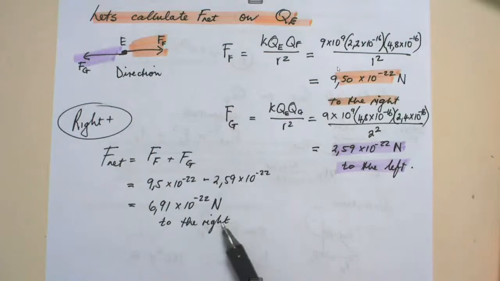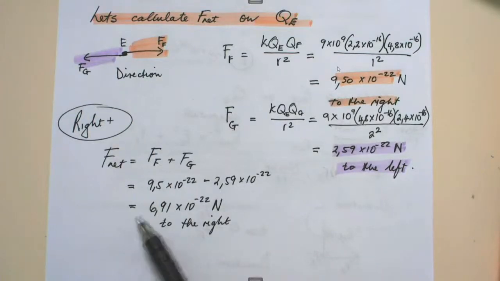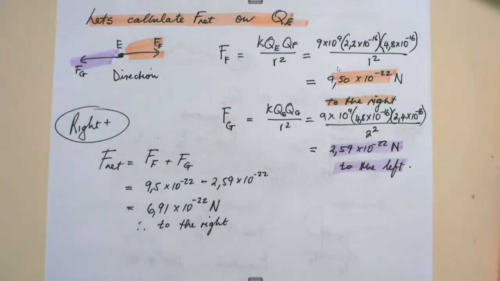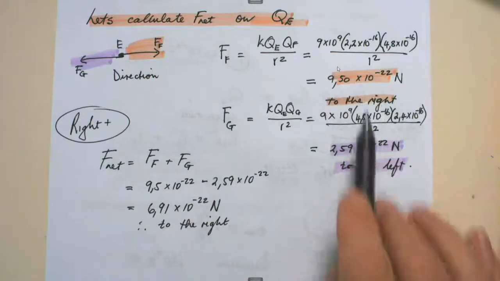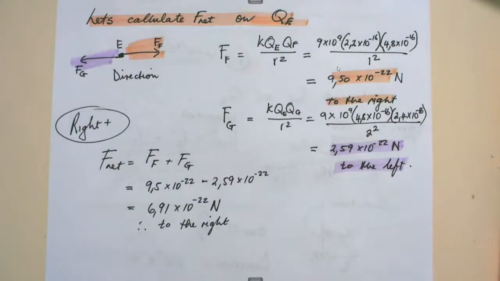And then I get my final answer, and because this final answer is positive, I can say thus the net force direction is to the right because that was my positive direction. Alright, so I like to choose direction where I quickly look which one of the two has the largest magnitude, and then I choose that direction as positive.